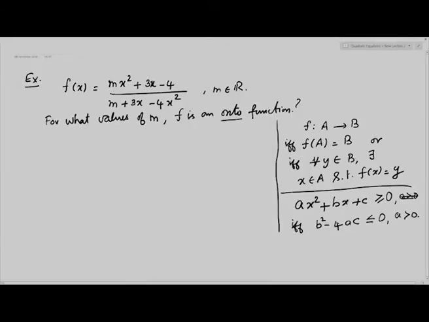That is, the graph of y equal to ax square plus bx plus c lies above the x axis if and only if the discriminant is non-positive and a is greater than 0. The graph will be something like this: this is the x axis, the graph will be above the x axis, or it can touch at some point, or it can be like this. So these are the possibilities.